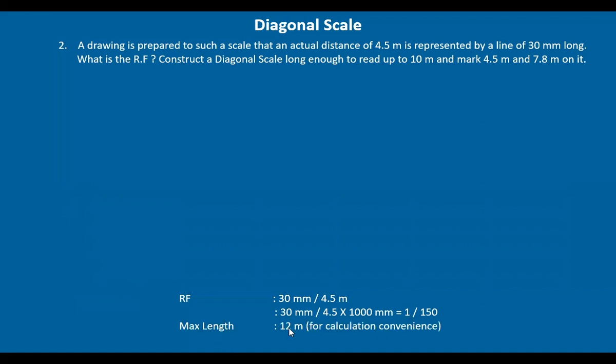The maximum length, that is the length of the scale, 10 meters is enough. That is asked. But here for the sake of convenience in calculation, we have taken 12 meters just to avoid decimal places.